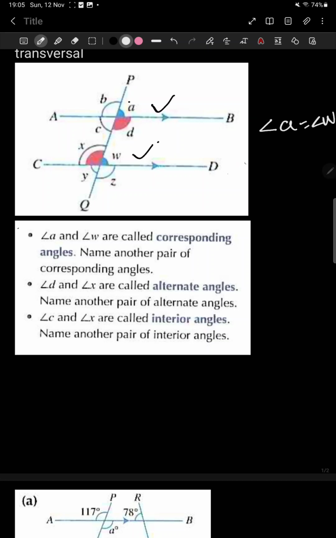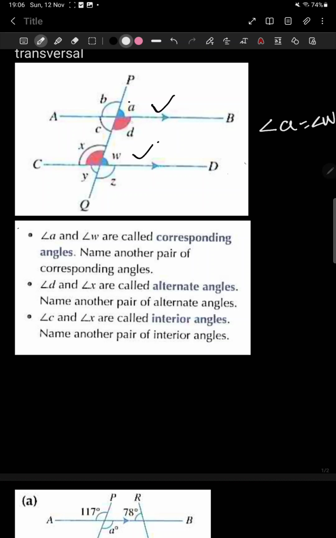Angle A is on the right side of the transversal and at the top, and angle W is also on the right side and above the line CD. So both angles are at the same position, both on the right side of the transversal and both at the top of the parallel line. So angle A is corresponding to angle W.